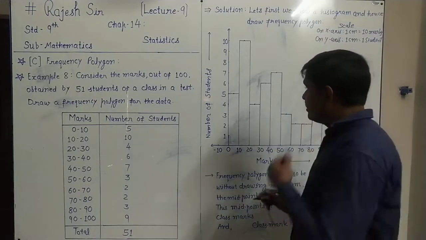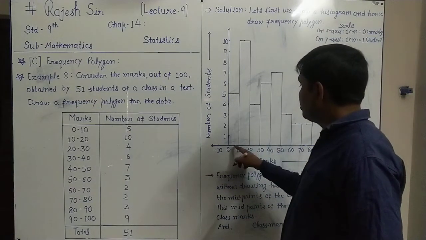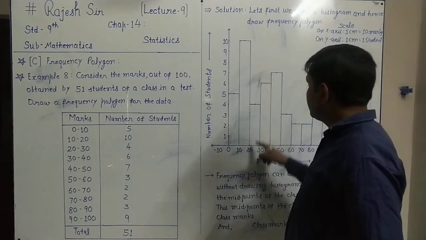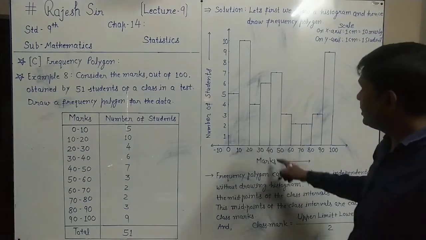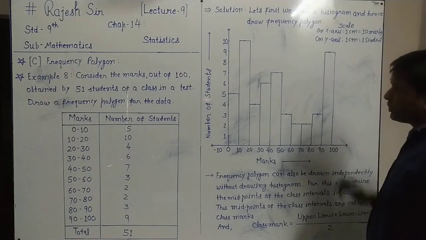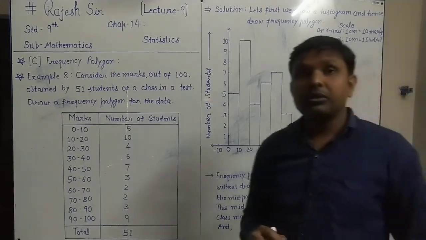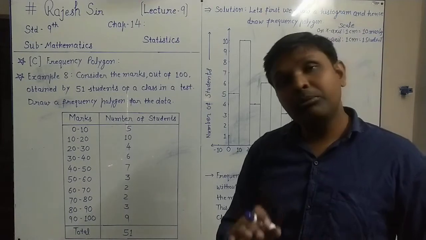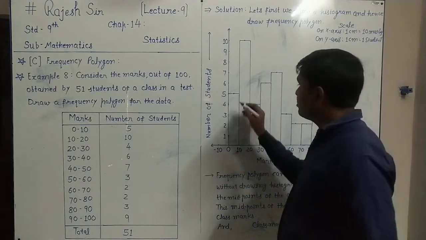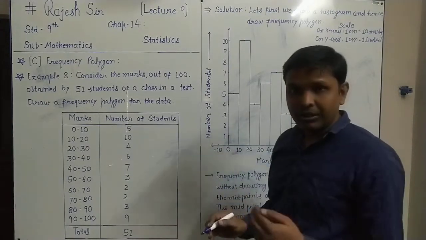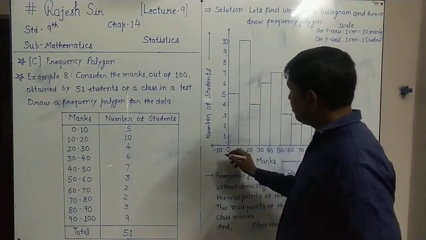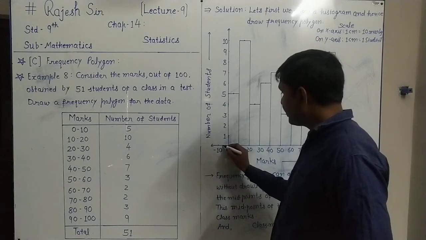The midpoint of 0 to 10 is 5, and then the others will be 15, 25, 35, 45, 55, 65, 75, 85, 95. In this frequency polygon, before the first and after the last, we also have to make a midpoint. Since there is a gap of 10, the midpoint before 5 will be minus 5, so it will be here.